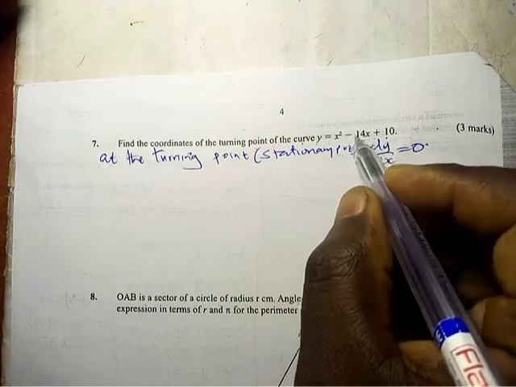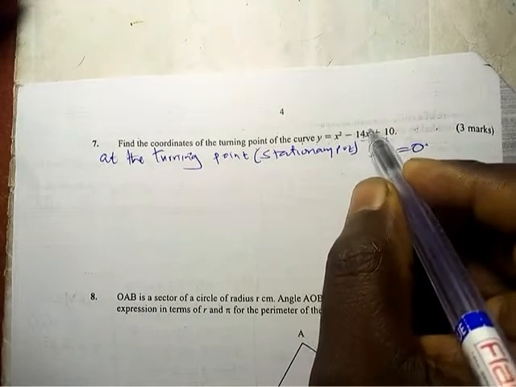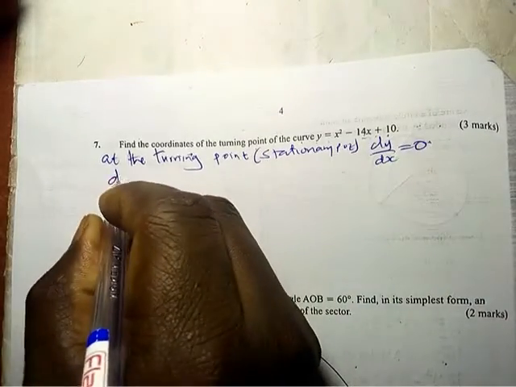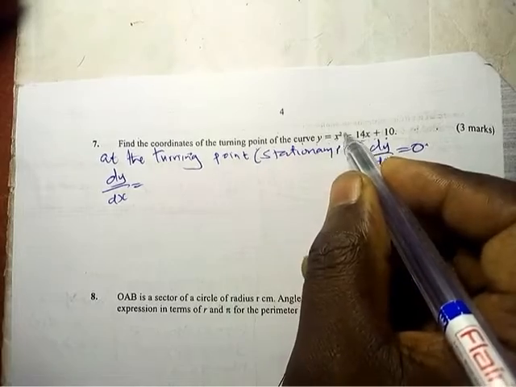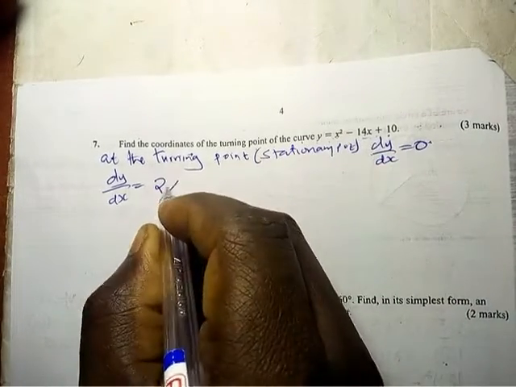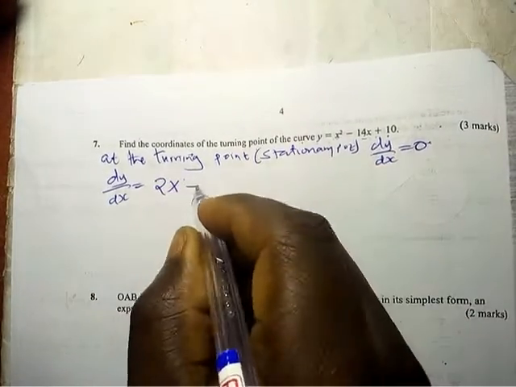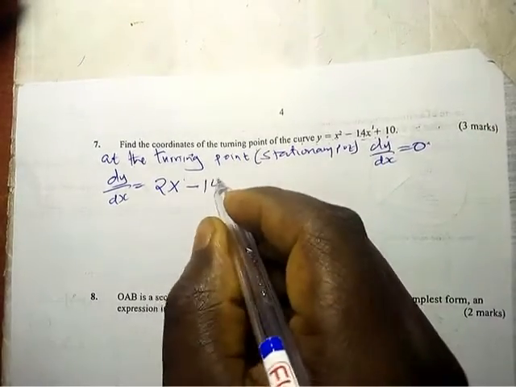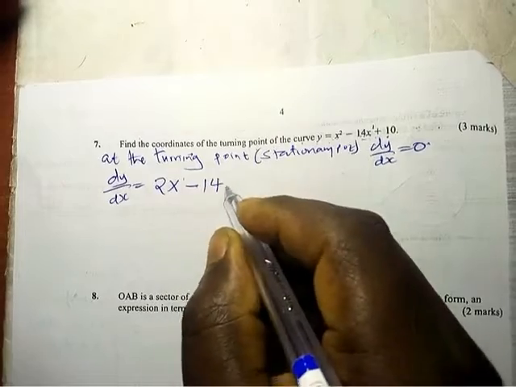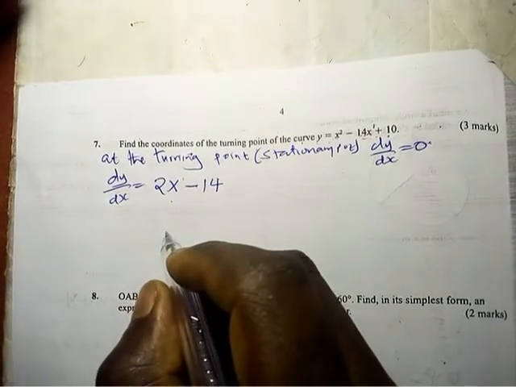So you differentiate this one once and then equate to 0. So dy over dx means you differentiate. This is x squared, 2 inakuja hapa, inabaki x1 minus x is to power 1, 1 times 14 itakuwa 14 peke yake. So this is dy over dx, right?